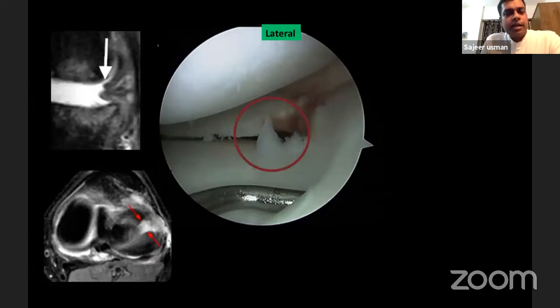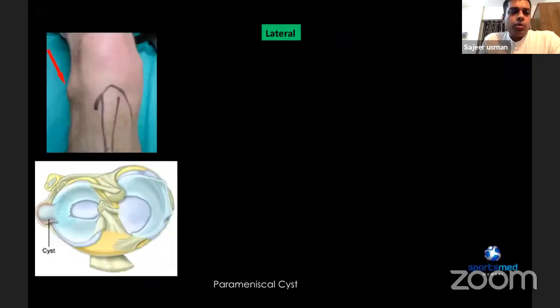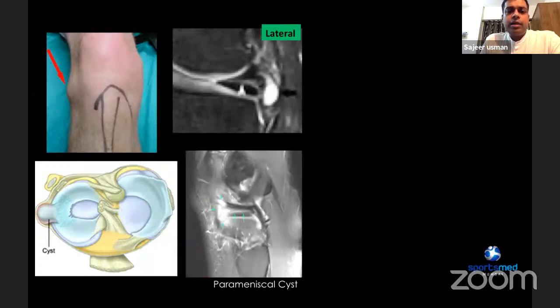In these cases, be ready, because excision wouldn't be the ideal surgery in these patients, especially in the young. We would consider something like a repair, and one must be ready for such cases with a meniscal repair procedure.